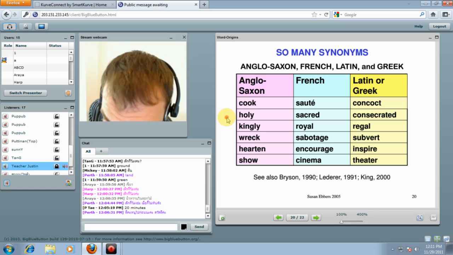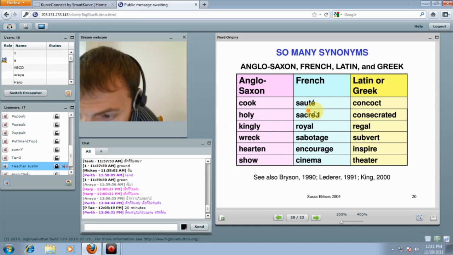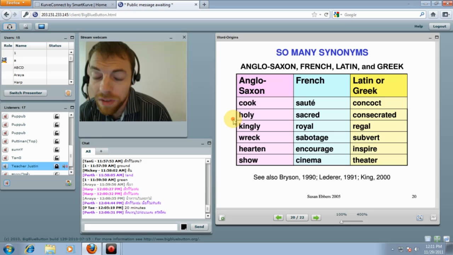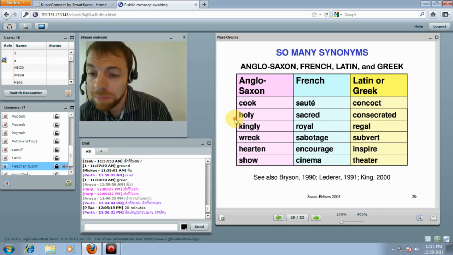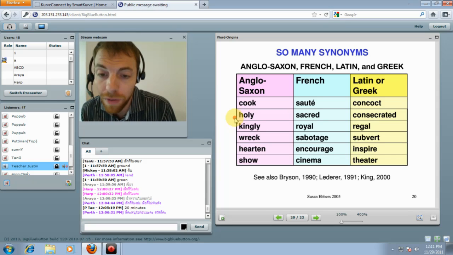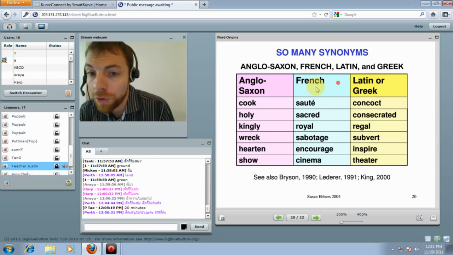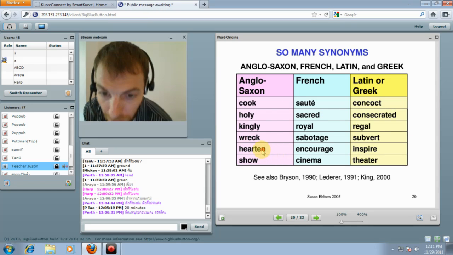Let's look at this next one. Holy, sacred, and also consecrated. So these are synonyms, meaning they are the same meaning, or very, very close. But these are words that come from French, words that come from Greek, words that come from Anglo-Saxon.